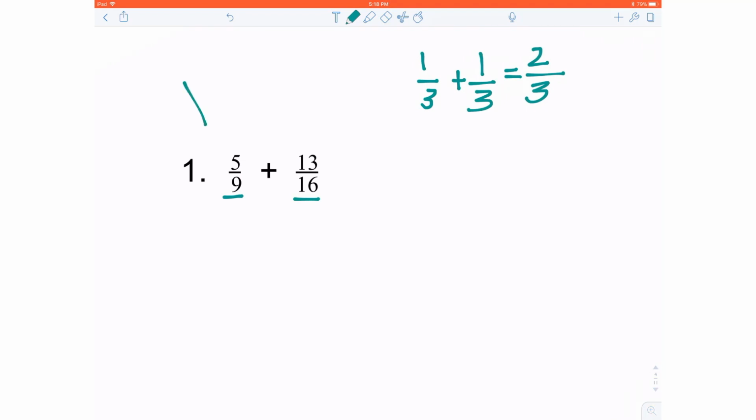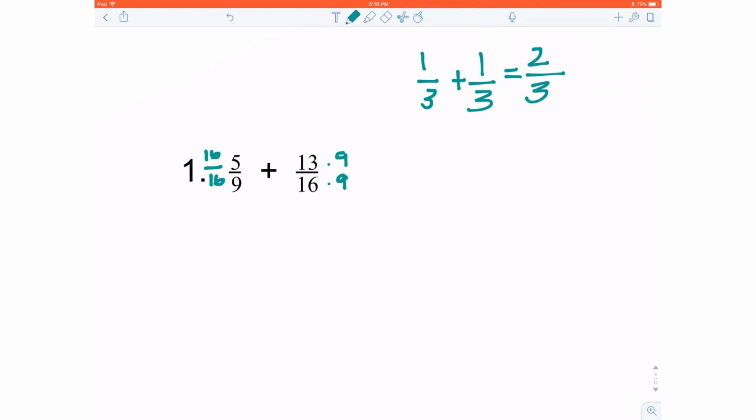Here, in this example, they're not the same. So what do we do? Well, we multiply them by each other, okay? This side, we're going to multiply by 16. And whatever we do to the bottom, we have to do to the top as well. And this side, we're going to multiply by 9. Okay?